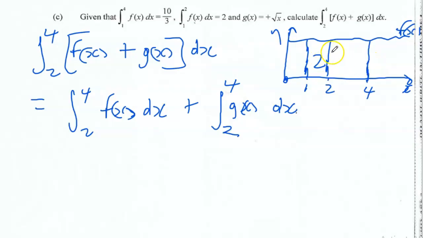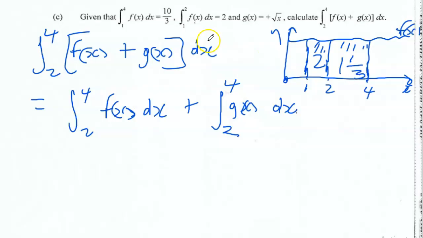So in other words, when you add the area under this graph and the area in this graph, we should get 10 over 3. Alright, so I guess this 10 over 3 is what? That's 10 divided by 3, that's 3 and 1/3. So this would have to be 1 and 1/3.